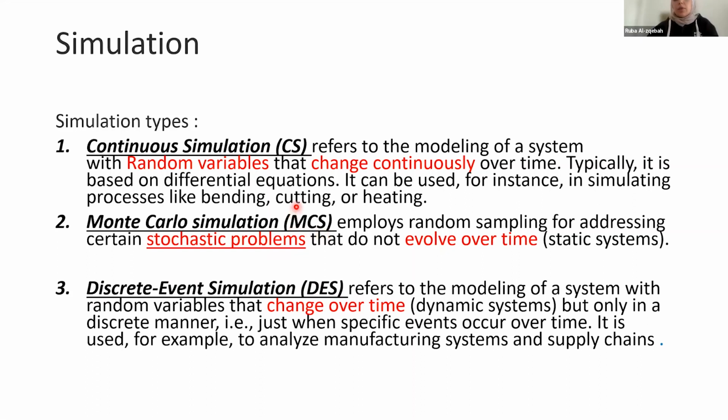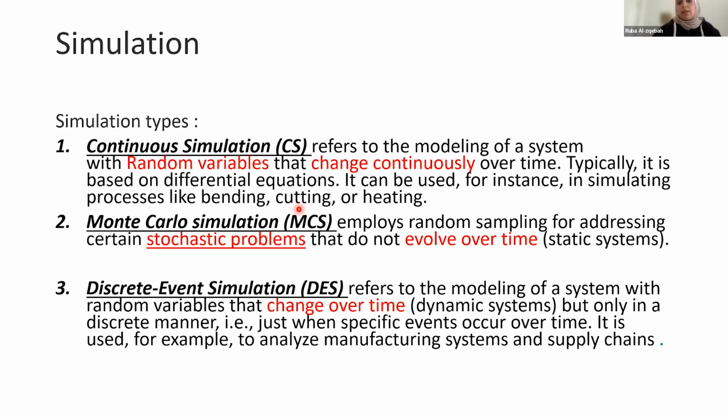Continuous simulation is a type of simulation for modeling a system with random variables that change continuously over time. For example, if you take a piece of metal and monitor the heat distribution inside it, you are simulating the temperature of the metal.